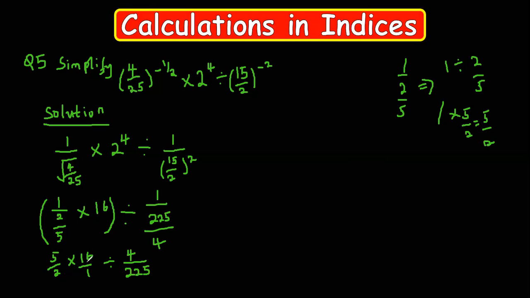All right. So we are simplifying this first. This cancels this, and then we have 8.